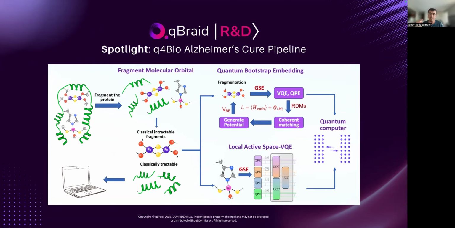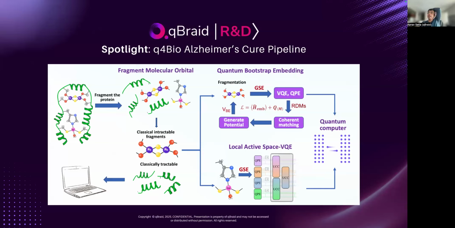People don't understand very well why and how these plaques are formed, but it is hypothesized that these protein molecules, beta amyloids, interact with metal ions, which triggers the clumping of the protein. And this interaction is something that we don't understand very well. And so here, what we propose is you can understand that interaction with this pipeline.